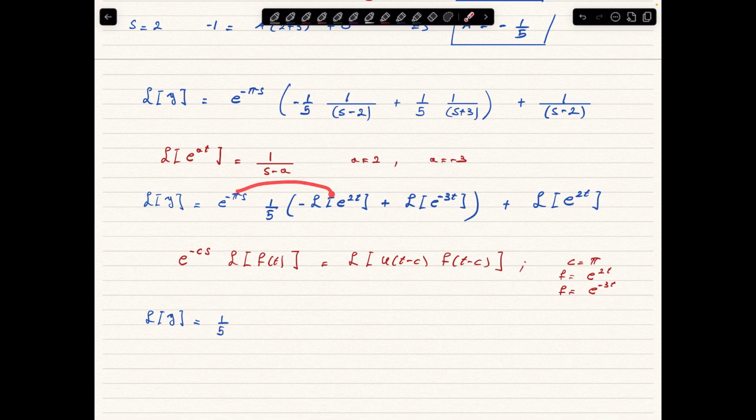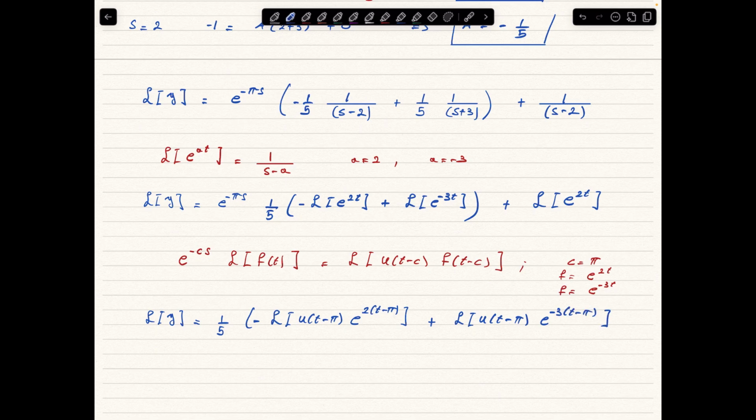Now these two factors together are going to create a negative Laplace transform of u(t minus pi) exponential 2(t minus pi). Then these two factors together are going to create, the 1/5 is already outside, the Laplace transform of u(t minus pi) exponential negative 3(t minus pi).